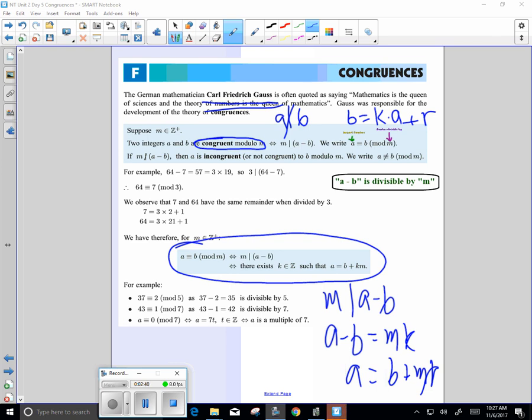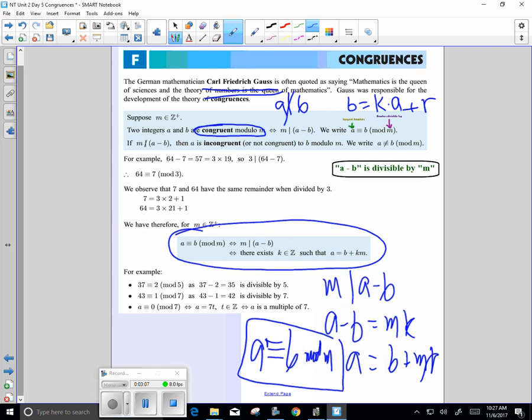And so then you could say A is congruent to B mod M. A is congruent to B with any multiple of that remainder times M. And we'll talk about what numbers are divisible, and it'll make perfect sense.